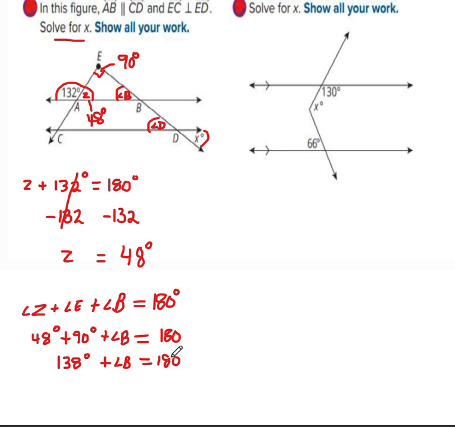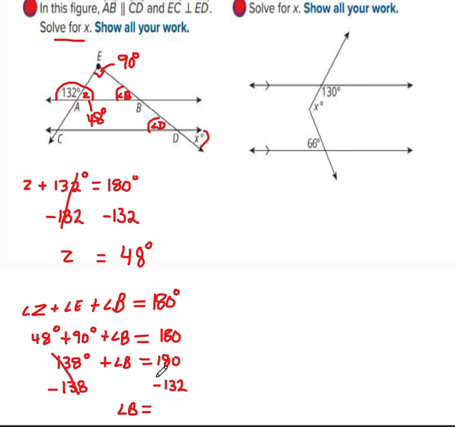So now, since we have 138 added to angle B, we're going to get rid of that positive 138 by doing the inverse of addition, which is subtraction. So we're going to subtract 138 from the left side of the equation. What we do to one side of the equation, we'll also do to the other side. So 138 minus 138 here is going to give us 0, leaving us with angle B on the left side of the equation.